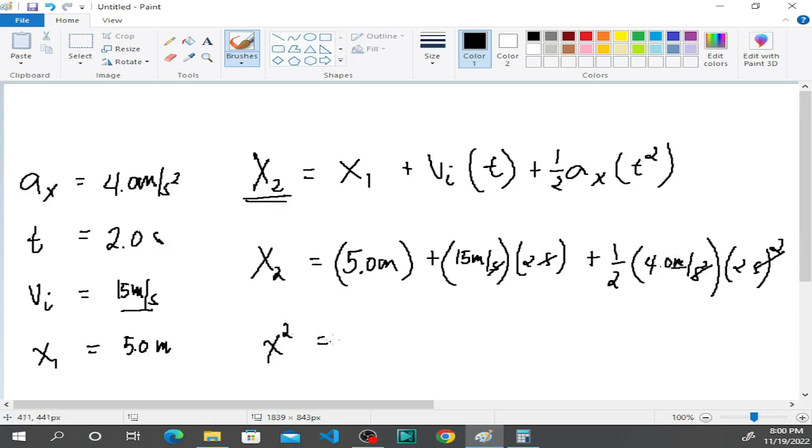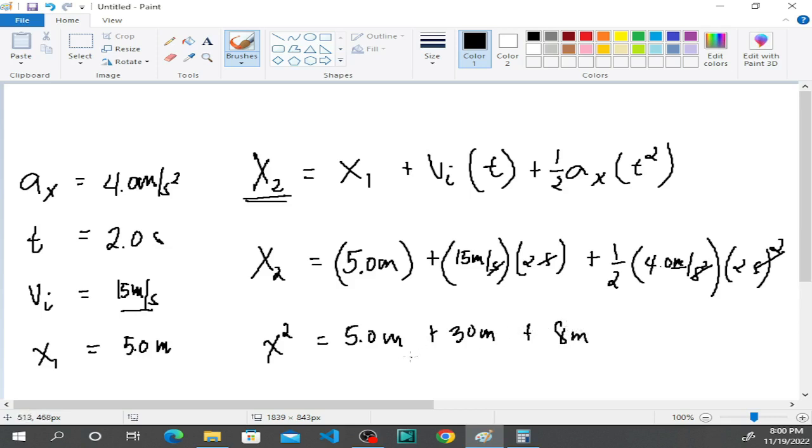We have 5.0 meters plus 15 times 2 is 30 meters, plus 2 times 2 is 4, times 4 is 16, divided by 2 is 8, so that's 8 meters.